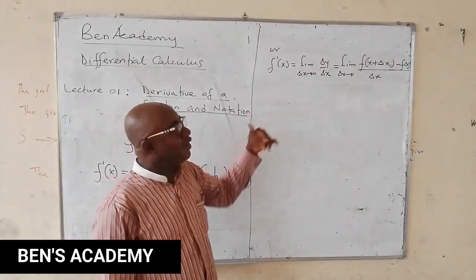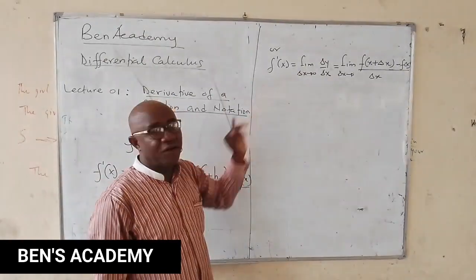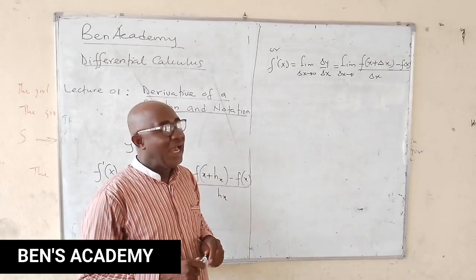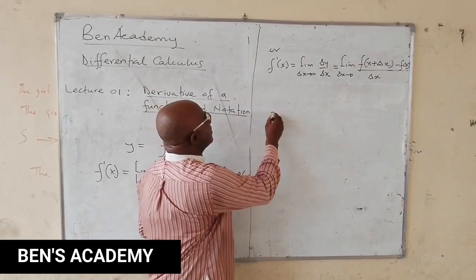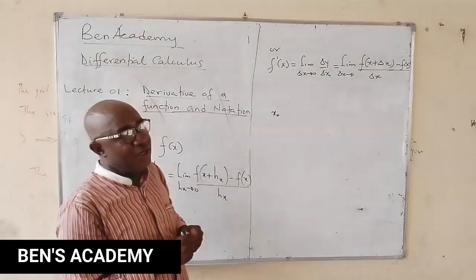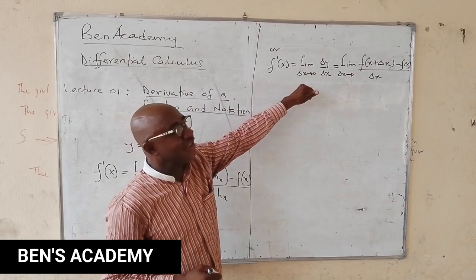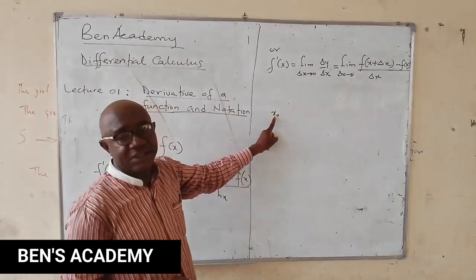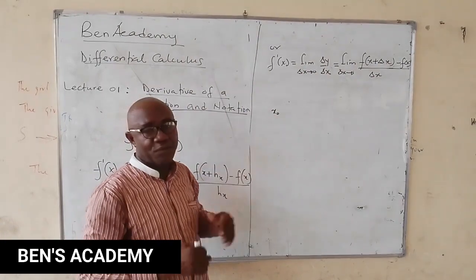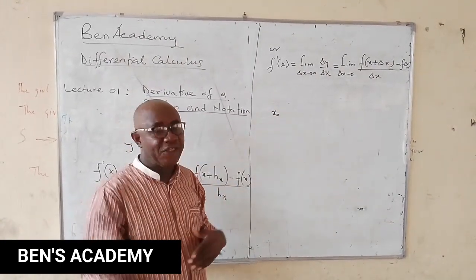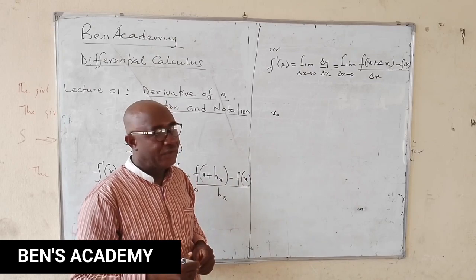Now, the process of obtaining the derivative of a function is called differentiation. And at a point x0, if the function can be differentiated, then we say it is differentiable at the point x0. x0 could be any number at all. It could be 3, it could be 4, any number. So it means it is differentiable at that particular point.